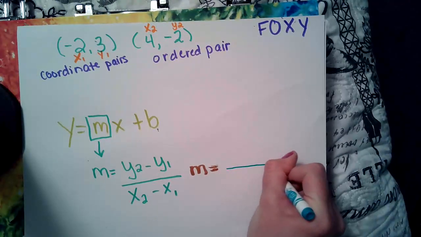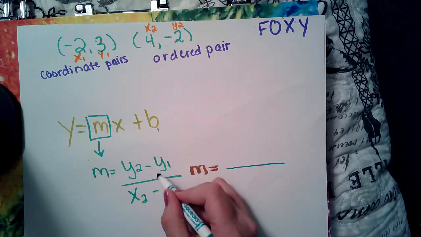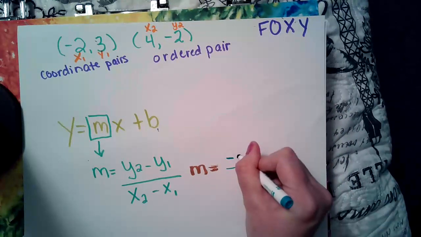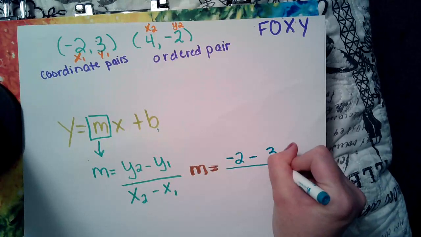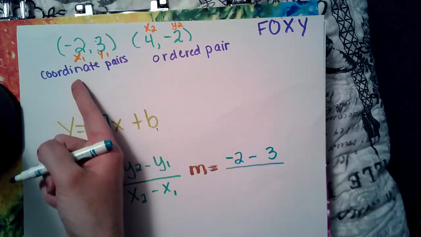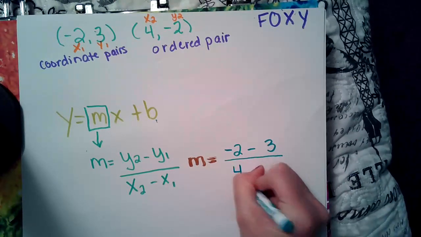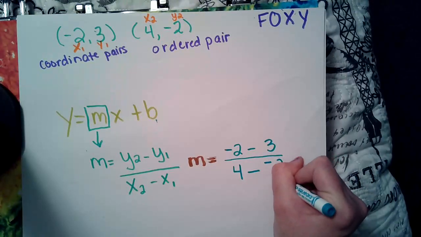I'm going to go ahead and make sure that I follow this particular formula. My y2 is negative, so I'm going to take -2 minus 3. My y1 is positive. Pay close attention to what is about to happen here. I also have a situation where I have x2 as 4, but now I have to minus a -2.